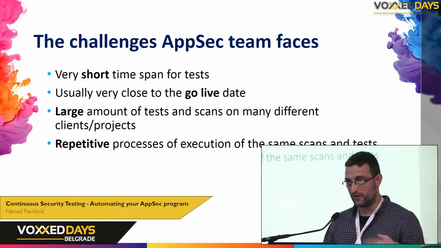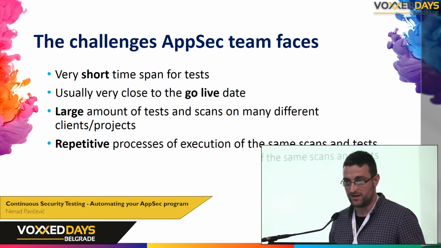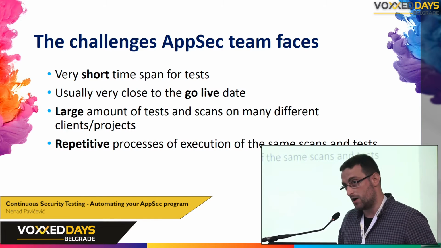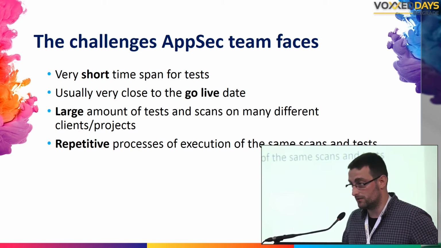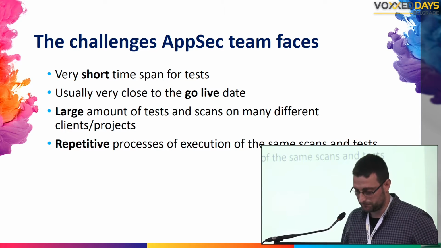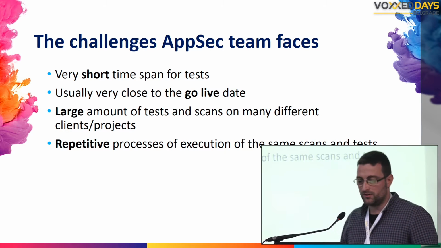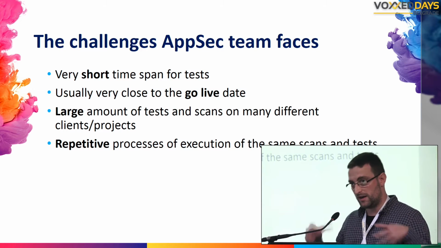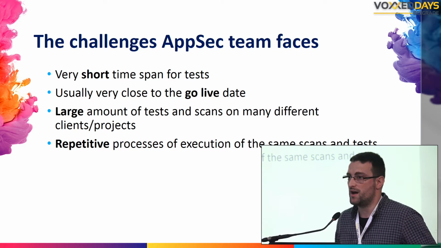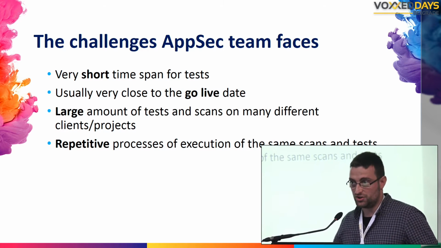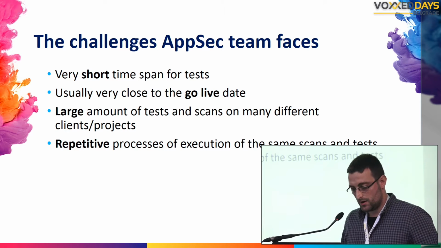You want to report them very early in the process, just like any other bug, so you can have a very low cost of fixing it. Also, there's a large amount of tests and scans that we do on very many different projects and products, which leads to a lot of repetition in the process itself.